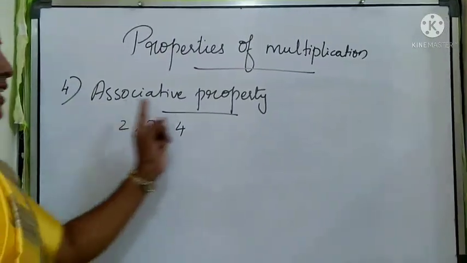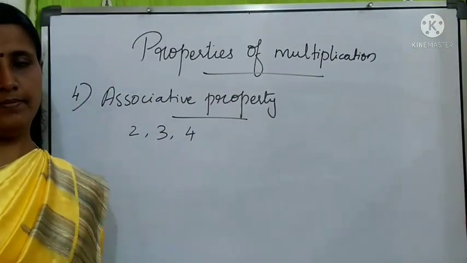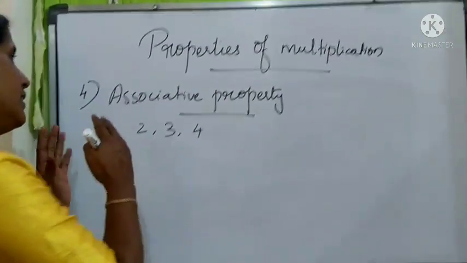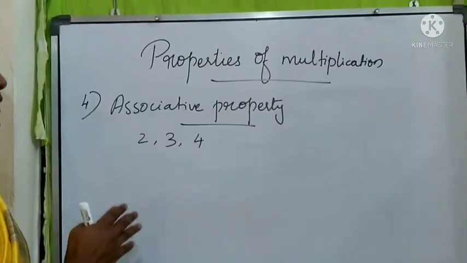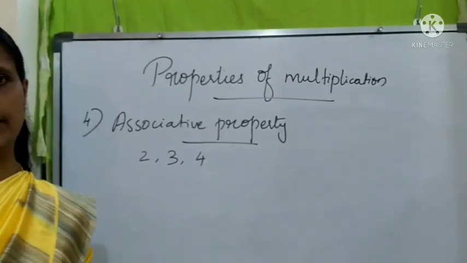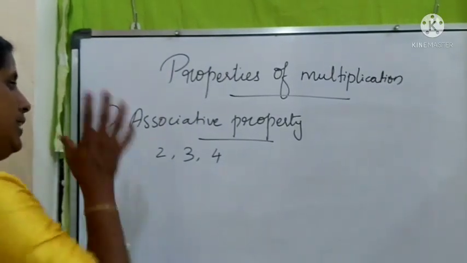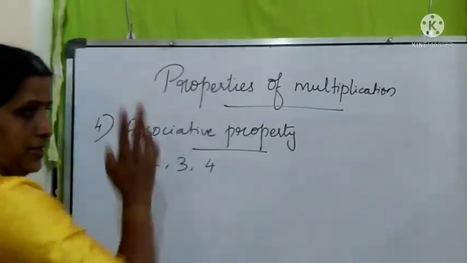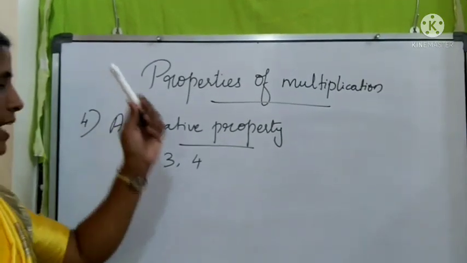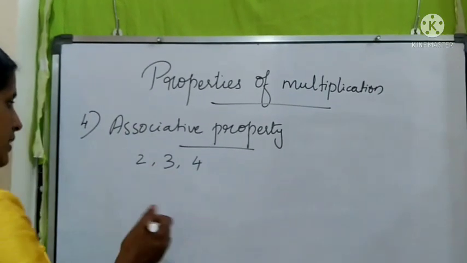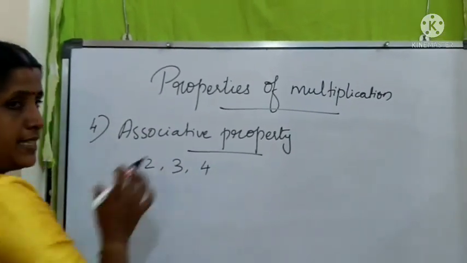The next property is the associative property. Here I will explain this property on the basis of an example, then you can easily understand. I can take 3 numbers: 2, 3 and 4. I need to multiply these 3 numbers.